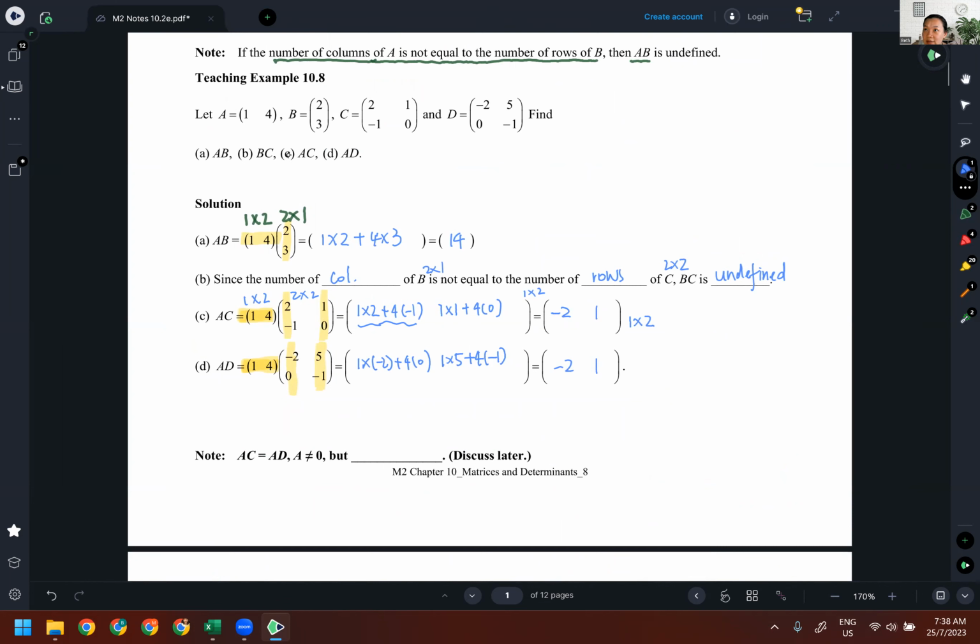You see that A multiplies C and A multiplies D, and the answer is the same. AC, AD, the answer is the same. And A is not 0. A is 1, 4, not 0. But C and D are not equal. This is peculiar.